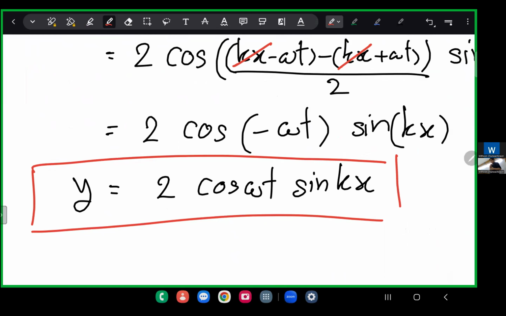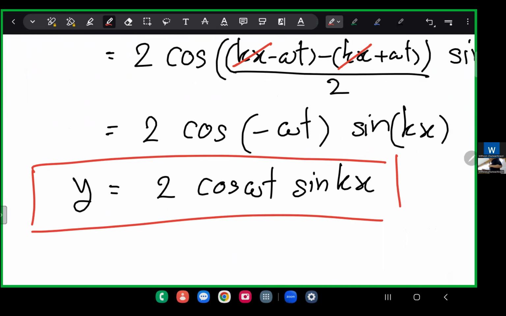And that's kind of cool. I don't know if it's cool or not. Have you seen this type of equation before? Maybe not a lot, because as I said, this is one of the few spots in high school physics where you are dealing with a 2 variable function. So that's why you might not see this.